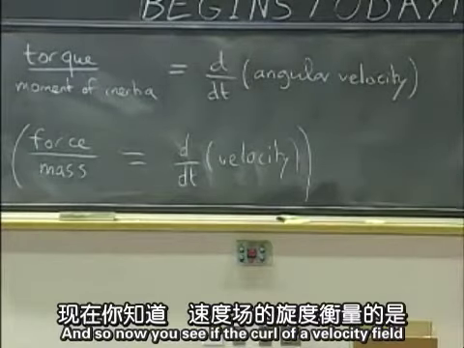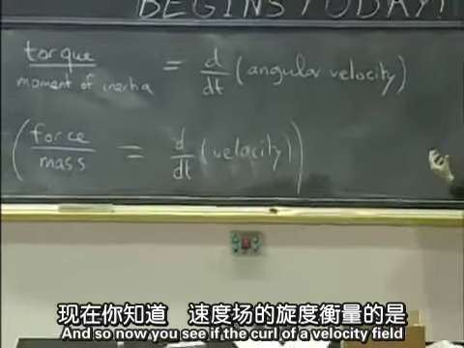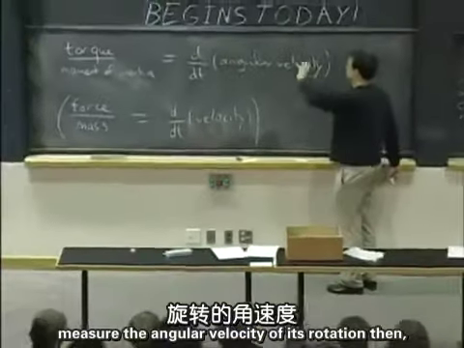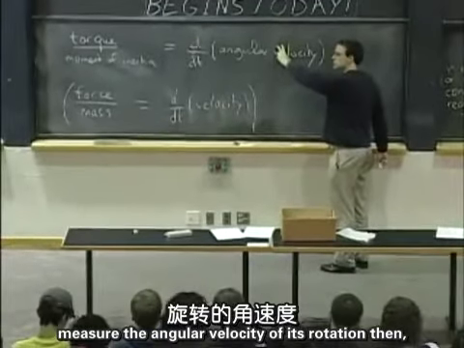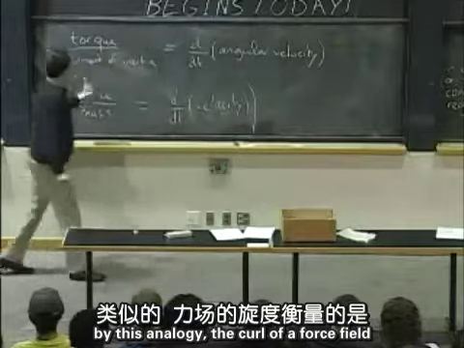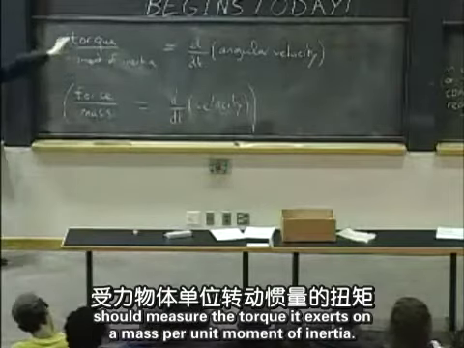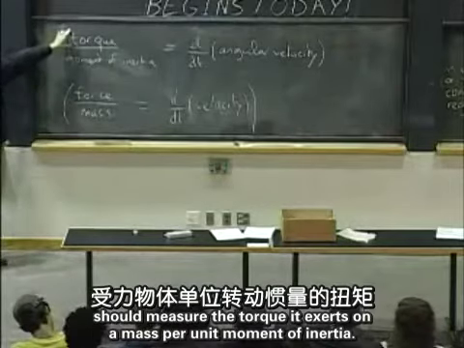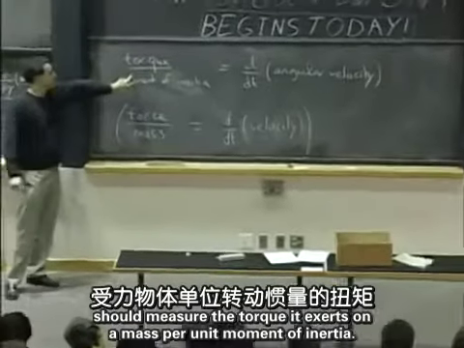And so now you see, if the curl of a velocity field measures the angular velocity of its rotation, then by this analogy, the curl of a force field should measure the torque it exerts on a mass per unit moment of inertia.